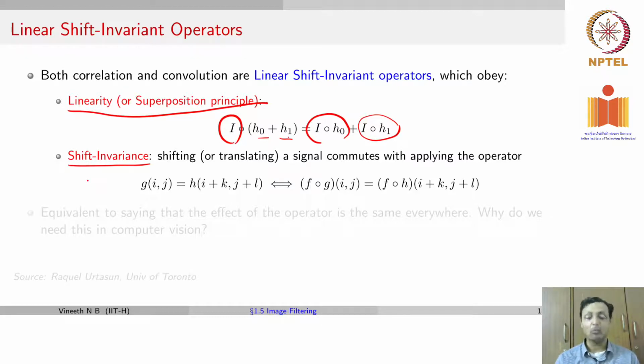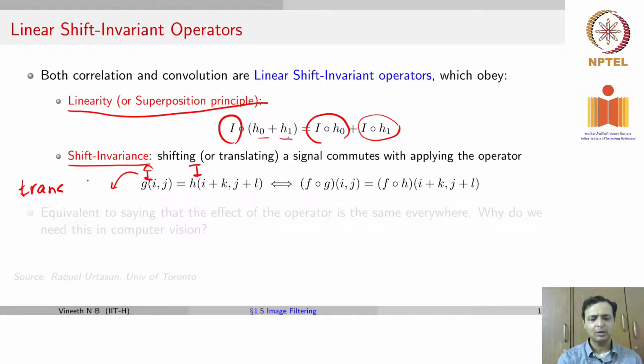Let me try to explain this slightly differently. This is the general definition here, but if you had H to be a certain image I and G to be a certain image I hat, so your I hat is simply a translated version of your I.